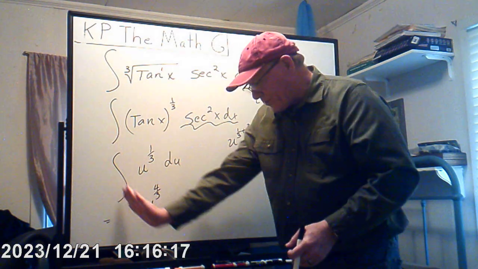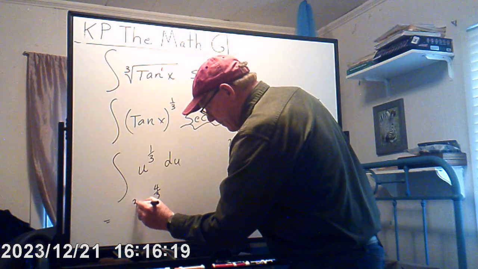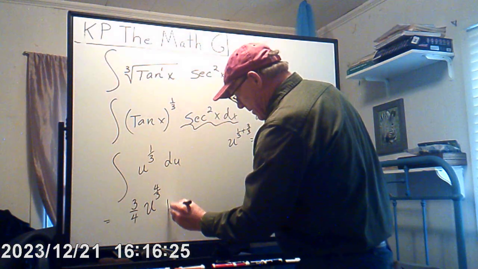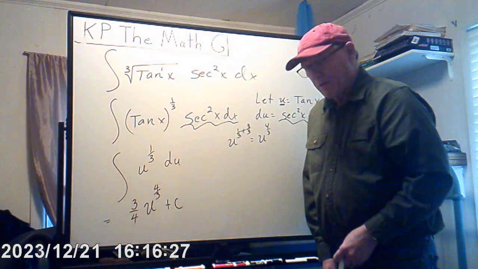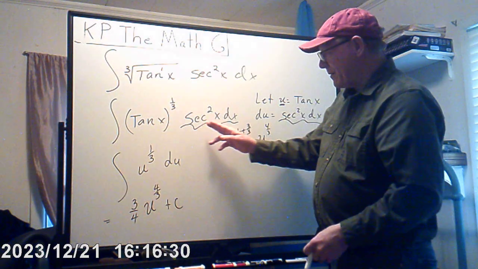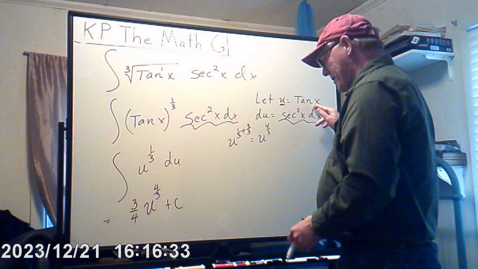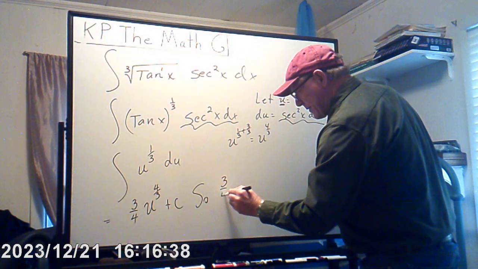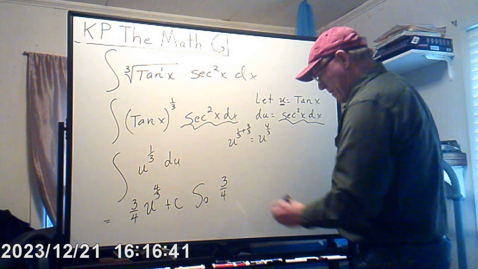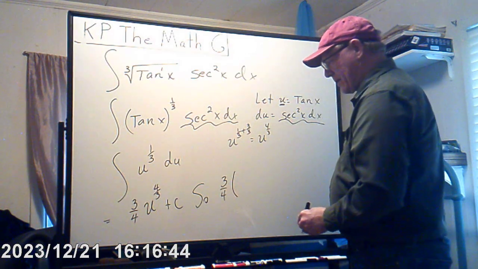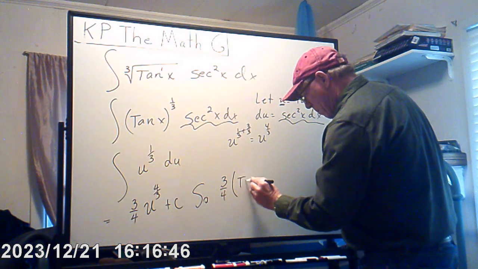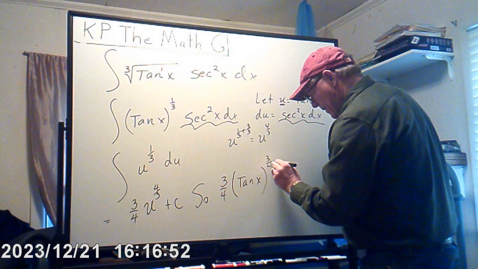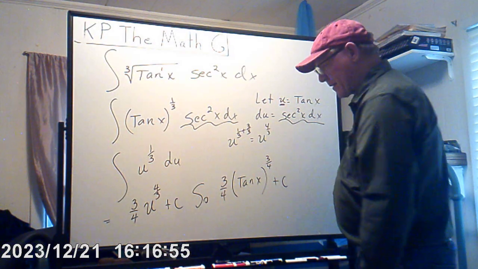If it's a fraction, you just flip it over like this, and you come out real nicely with 3/4. And then plus c on the end like that. Okay? But now we are dealing with tangent. U is tangent x. So we have 3/4. Let's see. Tangent x to 3/4 plus c. And here it is.